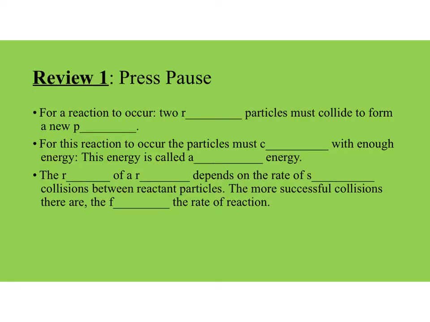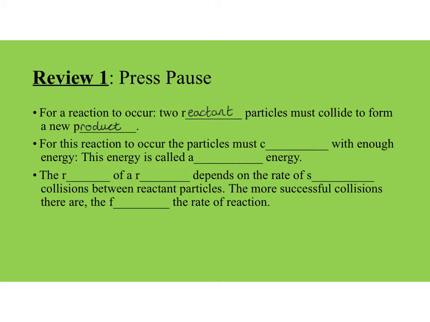Okay, and then the next thing we need to do is you guys need to press pause and fill in the blanks on this little review. Okay, for a reaction to occur, two reactant particles must collide to form a new product.